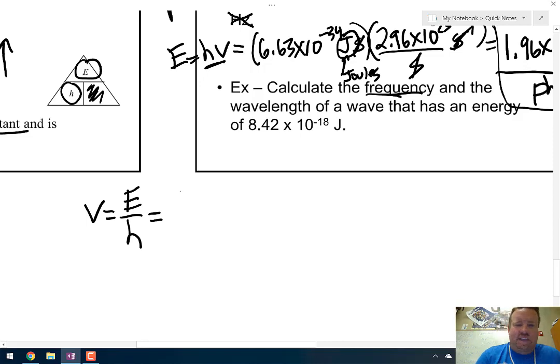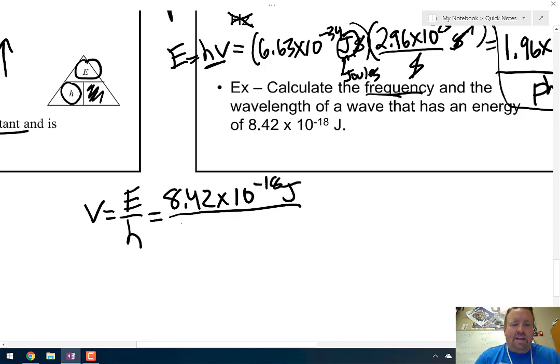And it tells us that the energy is 8.42 times 10 to the negative 18th joules. And Planck's constant, again, is always 6.63 times 10 to the negative 34th joules seconds. Our joules cancel. And notice we have seconds left on the bottom, which again, that's what frequency is.